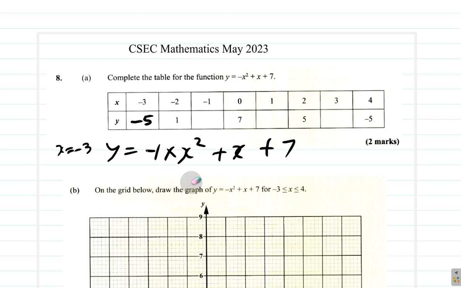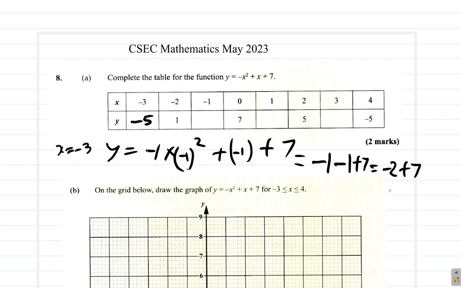So this is negative 1 squared. And then the x part here is negative 1. So what you have is negative 1 squared is positive 1. There's negative 1 times 1, which is negative 1. Plus negative 1 means minus 1 plus 7. Negative 1 minus 1 is negative 2. So it's negative 2 plus 7.